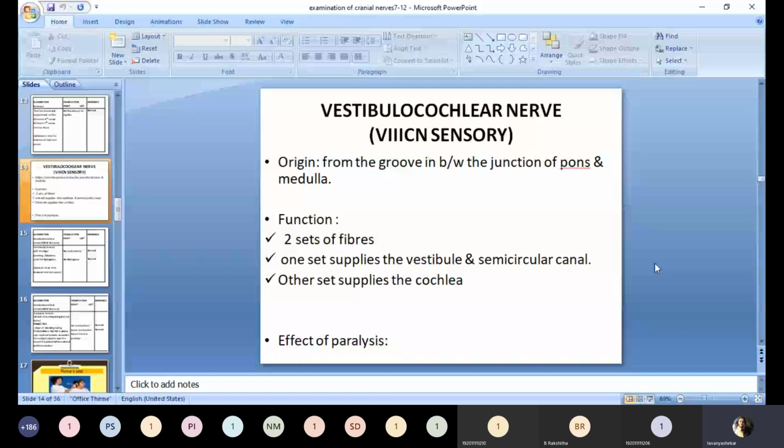It has 2 sets of fibers, in which one set will supply the vestibule and the semicircular canal, and the other set supplies the cochlea.